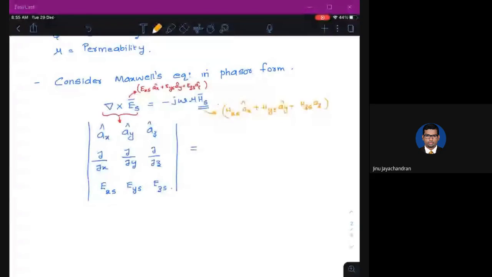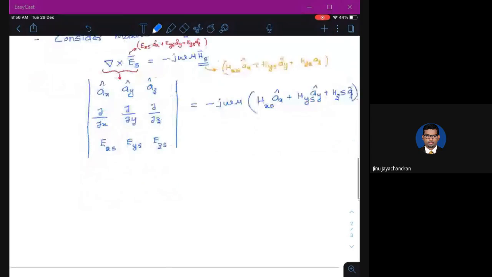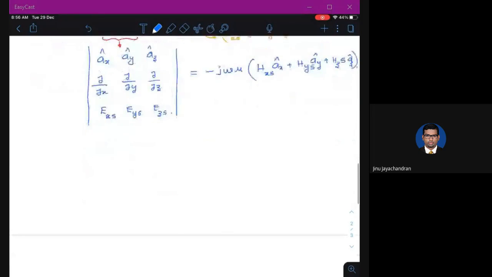Which means I can expand it to be minus j omega mu multiplied by HXS ax cap plus HYS ay cap plus HZS az cap. Let's do left and right individually.